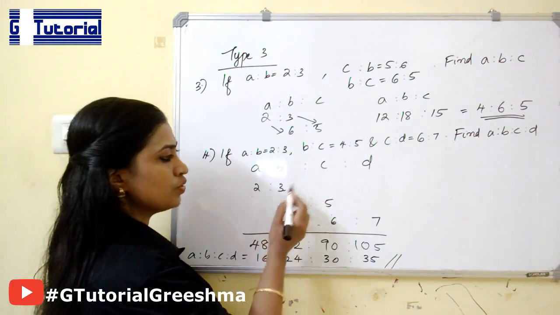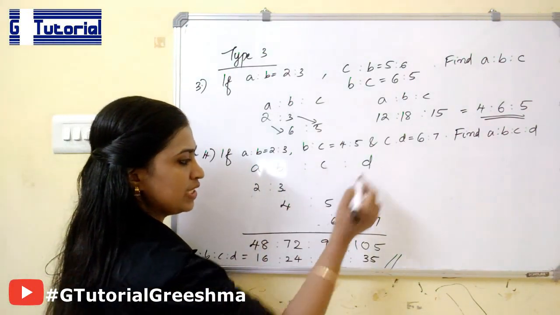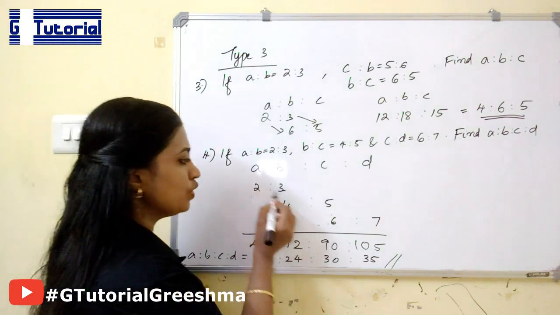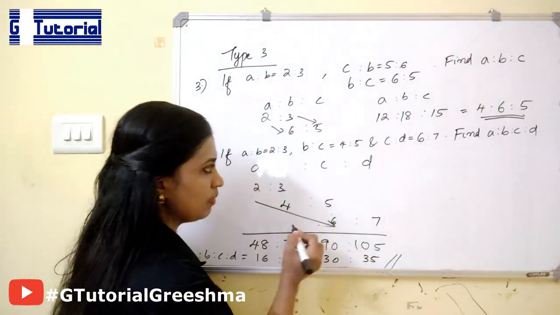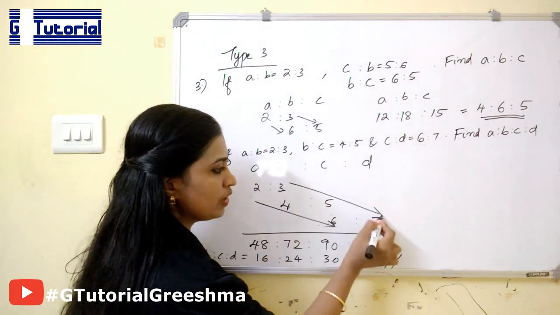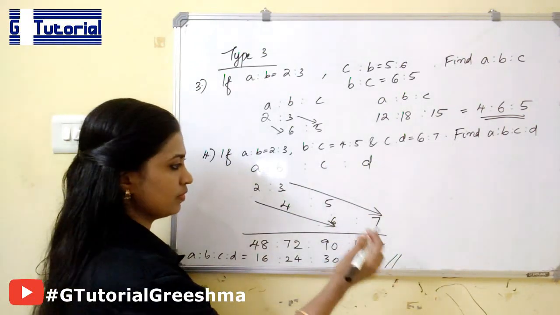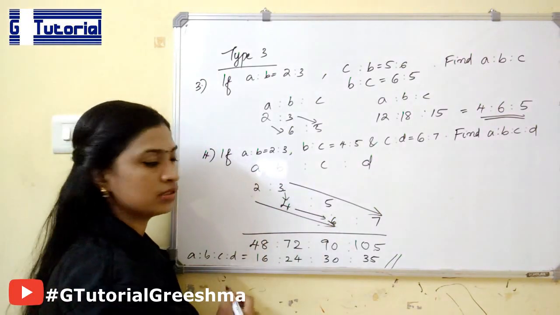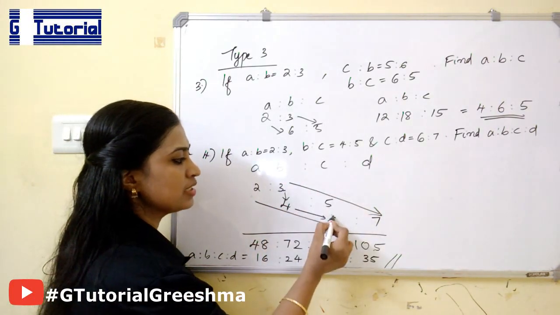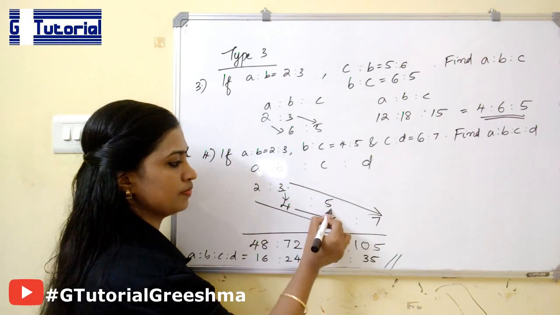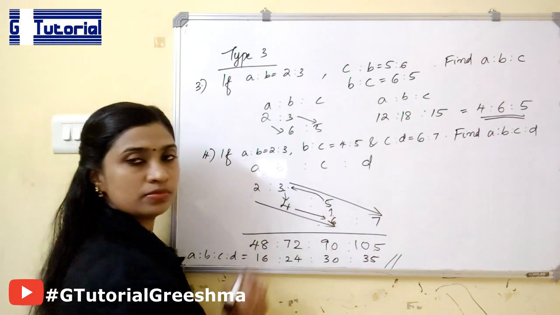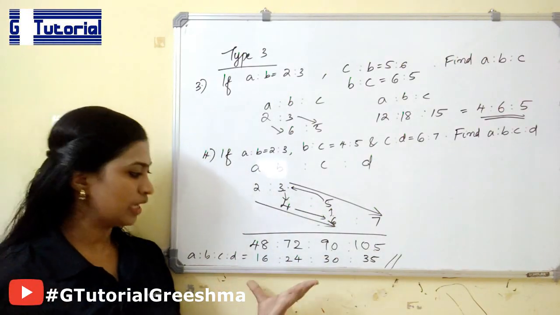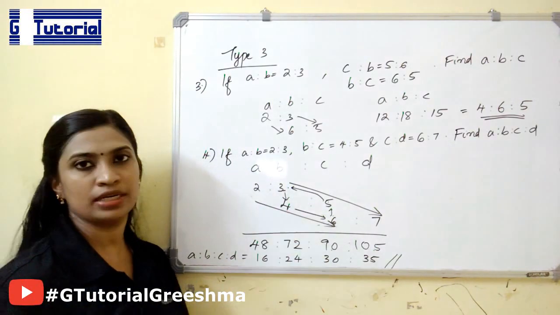Given A is to B is 2 is to 3, B is to C is 4 is to 5, and C is to D is 6 is to 7, A is 2 into 4 into 6, D is 3 into 5 into 7, B is 3 into 4 into 6, and C is 6 into 5 into 3. Then cancel any common multiples, and the simplest form gives the required ratio.